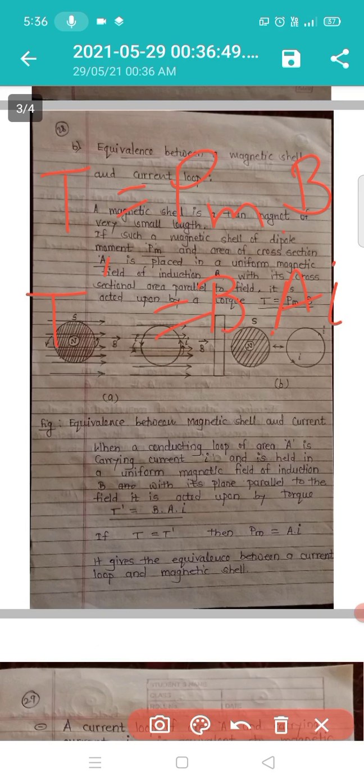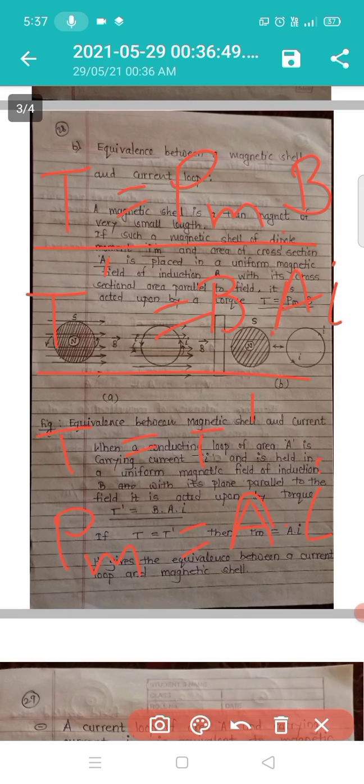If T is equal to T dash, then by equating these two equations, we get Pm is equal to A into I.